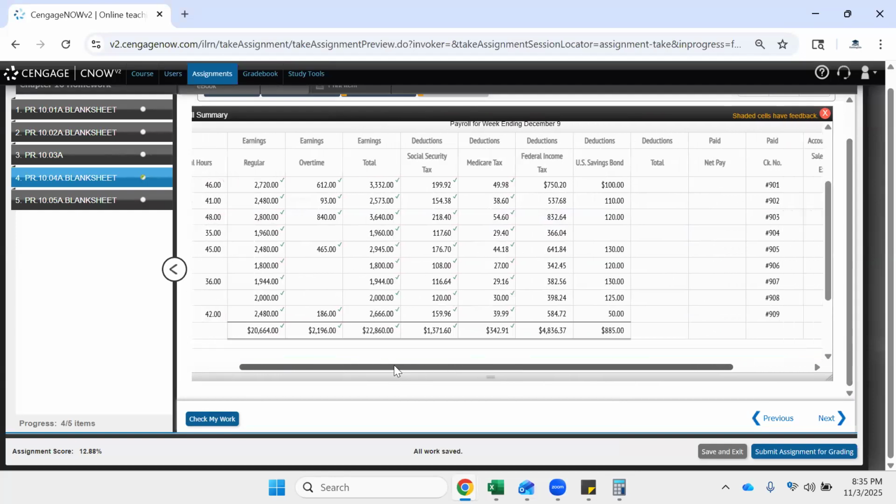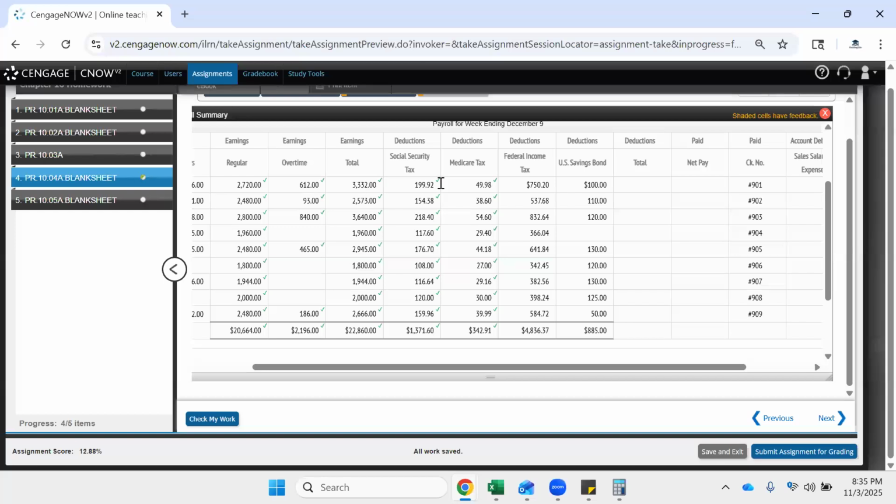And we're going to take total earnings minus the Social Security tax, Medicare tax, federal income tax, and the U.S. savings bond investments to get the total net pay, which means the total deductions are the other amounts.